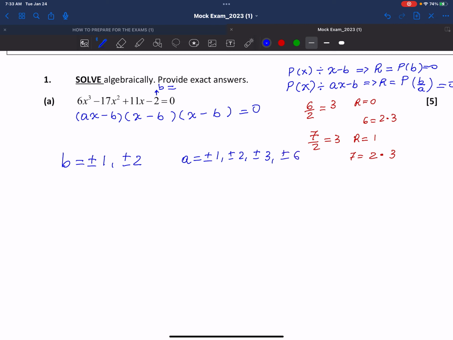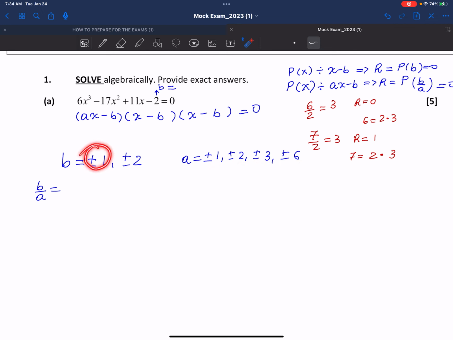To figure out the values of b over a, we need to consider the list of the numbers that b and a can have. The way I like to do this is by working with one number at a time. I start with the value of b, plus minus 1, and then I divide it by every possible value of a.